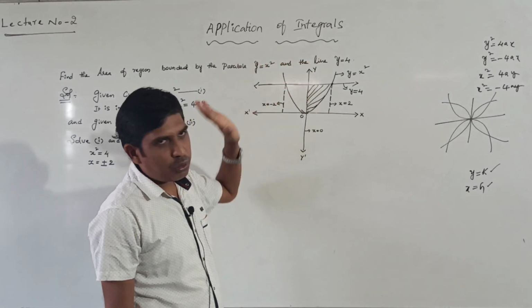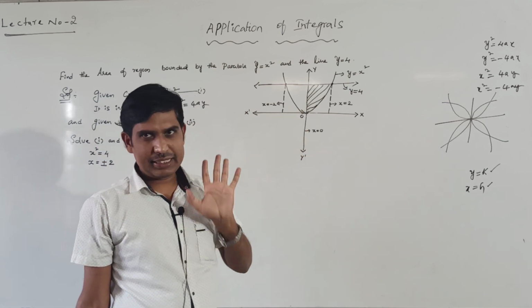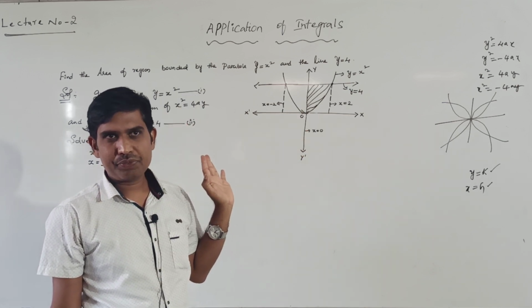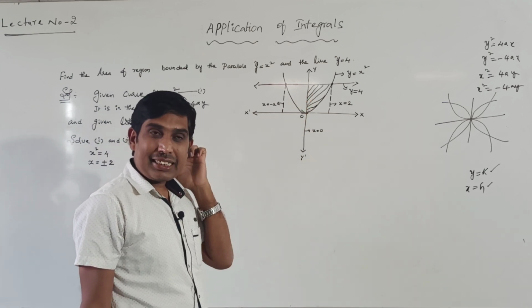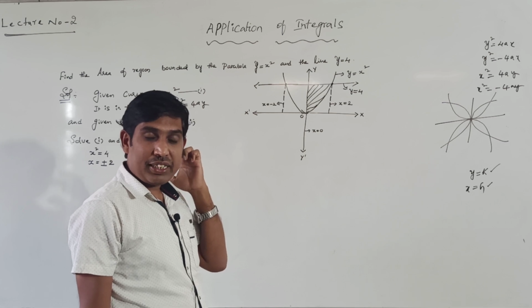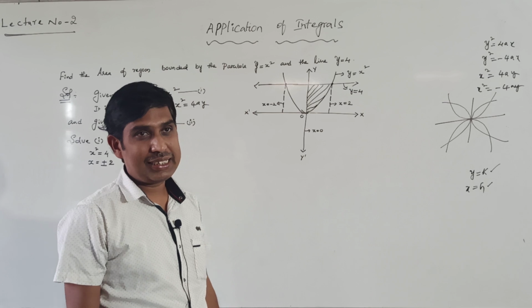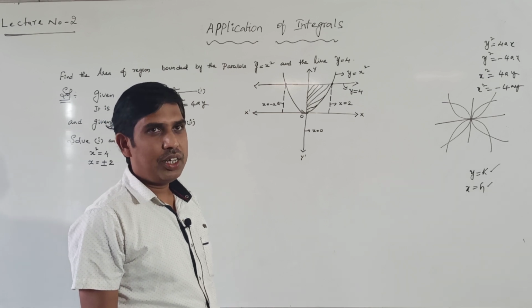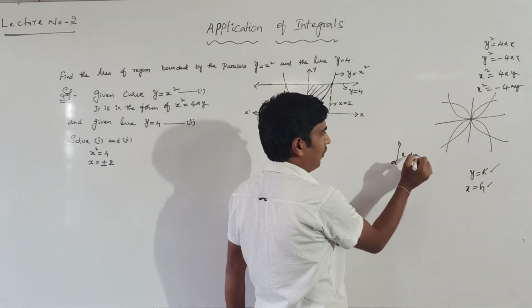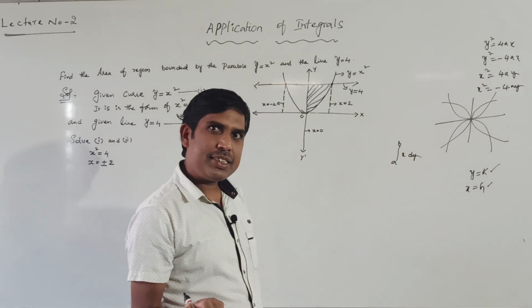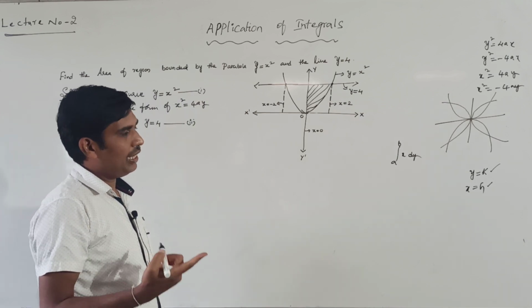This area is bounded with the y-axis, not with the x-axis. Clear? Right. Now already in the last class we discussed, when the area is bounded by the curve with the y-axis, the formula we have is the integral from a to b of x dy. With the x-axis bounded means y dx, with the y-axis bounded means x dy.